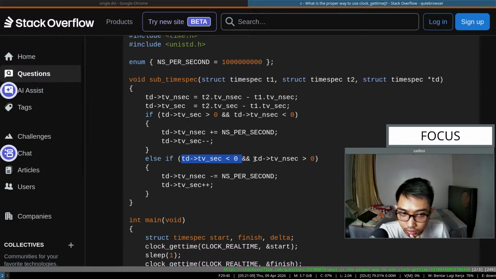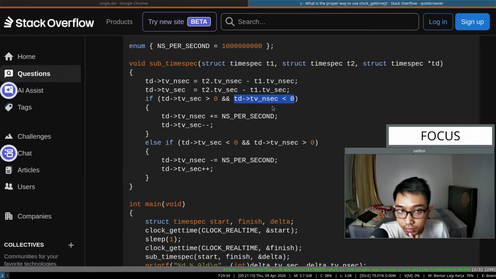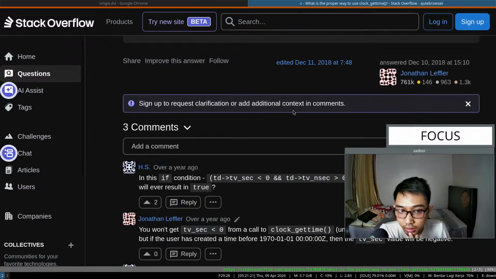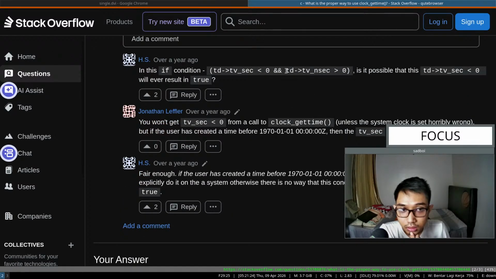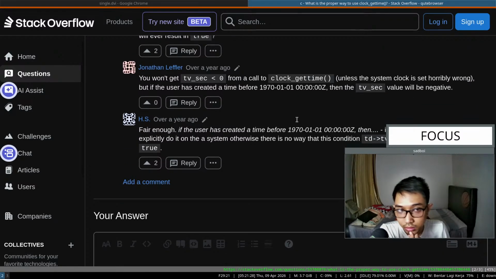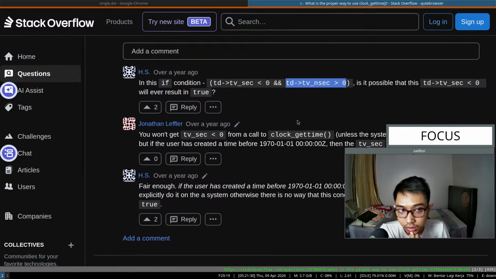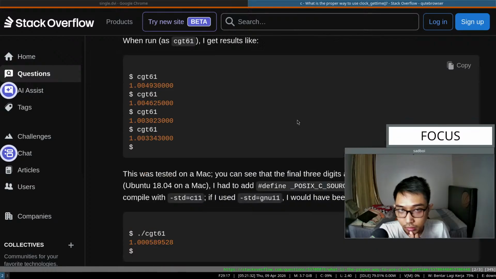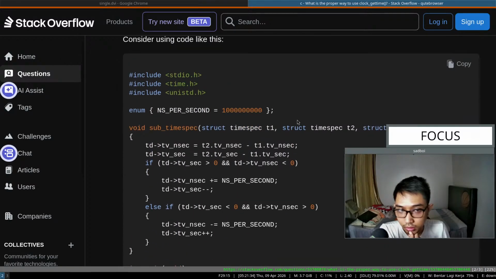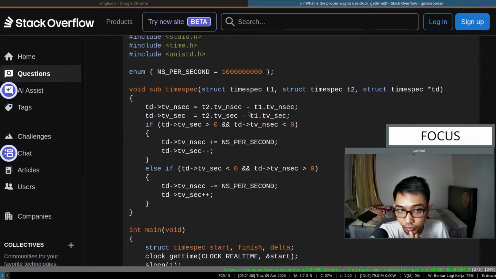Okay, and then this one. Yeah, this is kind of interesting. The nanosecond is less than 0. Is that the question here? Oh, no? Okay. Yeah, I'm more curious about this one. Oh, where is it?